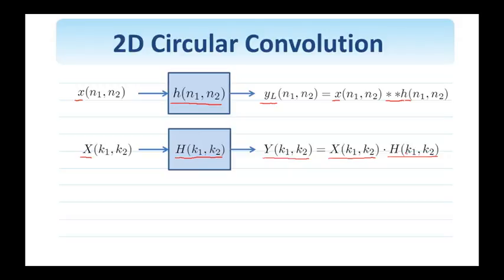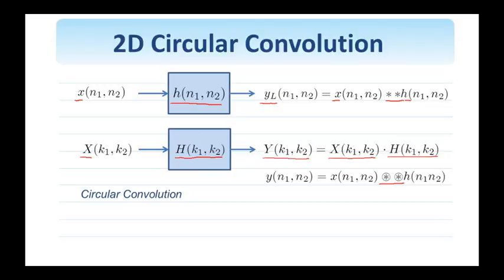We are partially correct in the sense that what we obtain is not the linear convolution, but instead the circular convolution of X with H. One way to think of the circular convolution is to follow the steps of the linear convolution, but now all the shifts and reflections are circular and not linear.